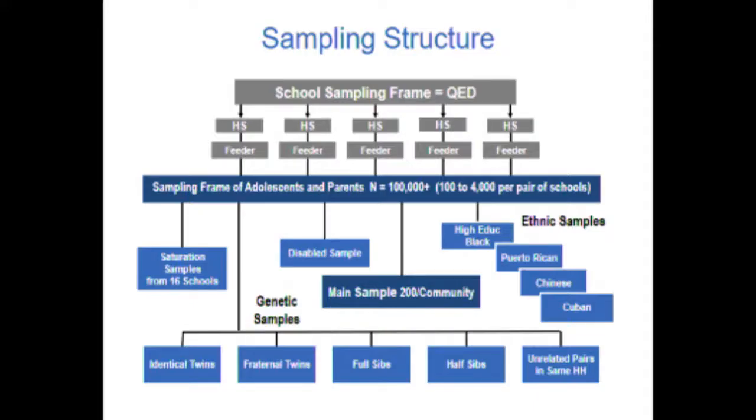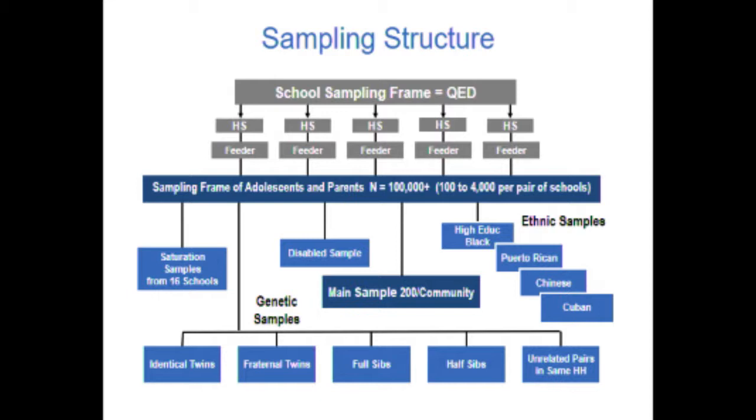But then we also selected some ethnic oversamples: African American adolescents whose parents had at least a college degree. We oversampled Puerto Rican, Chinese, and Cuban adolescents, again based on what they self-reported about their race and ethnicity in the in-school questionnaire. We oversampled disabled adolescents, primarily physical disabilities, again based on their responses in the in-school questionnaire.